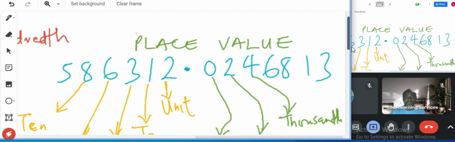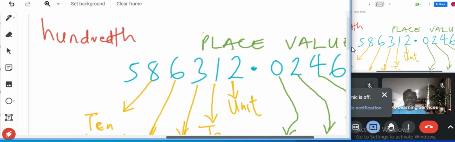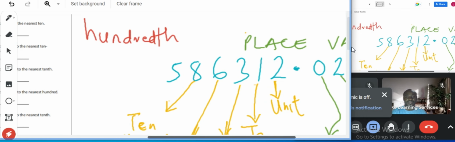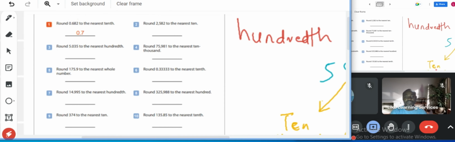Okay. Now, when you are rounding numbers, for instance, you round up or round down, you need to check the particular place value you are required to round it.